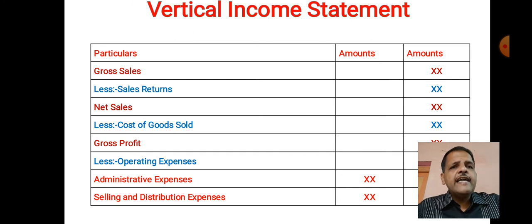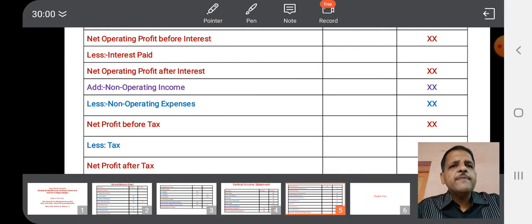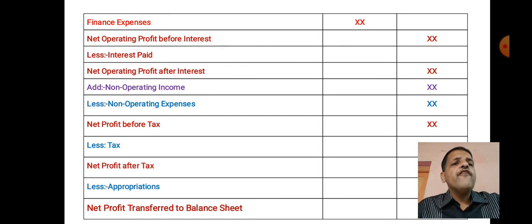The third category from operating expenses is nothing but finance expenses. Now, friends, when we say finance expenses, it includes cash discount to customers, bad debts which are not normal, bank charges, bank commission related with finance, related with cash disbursement, related with financial activities.